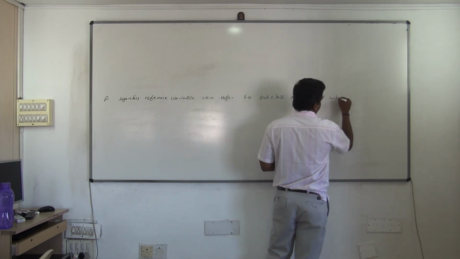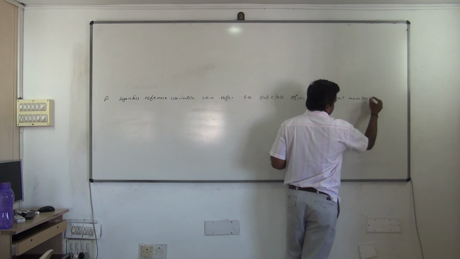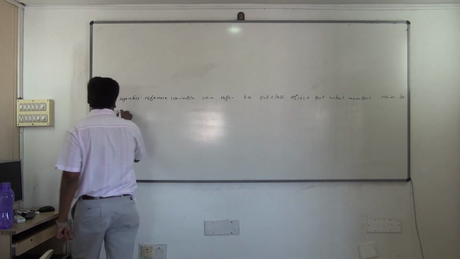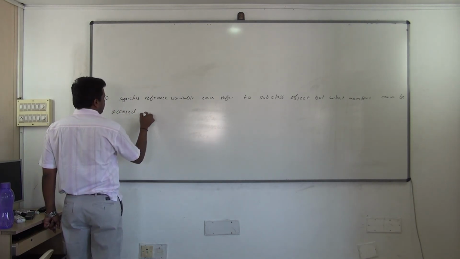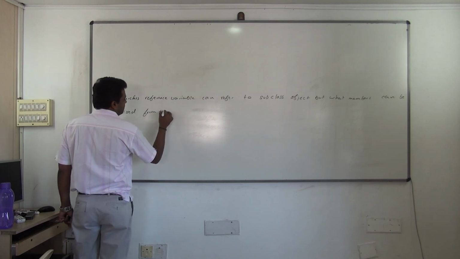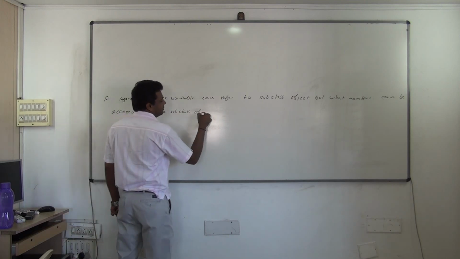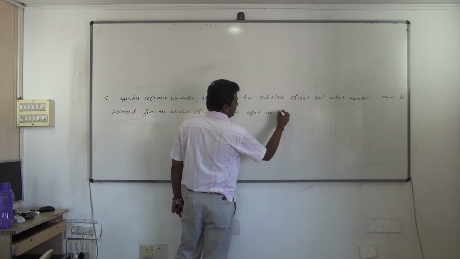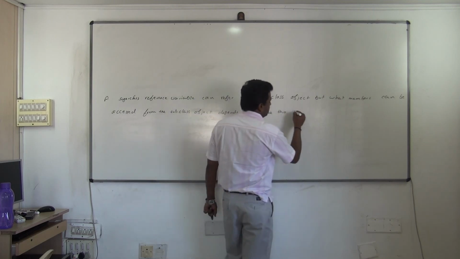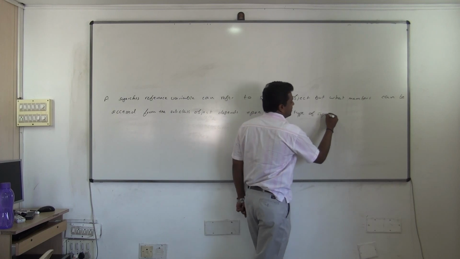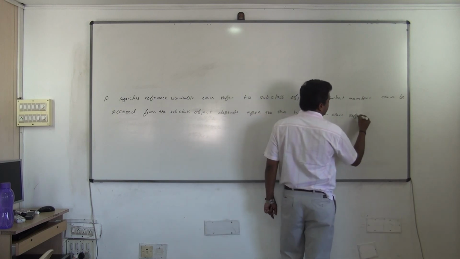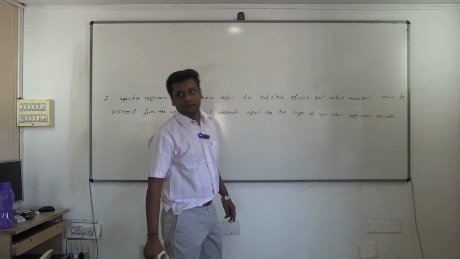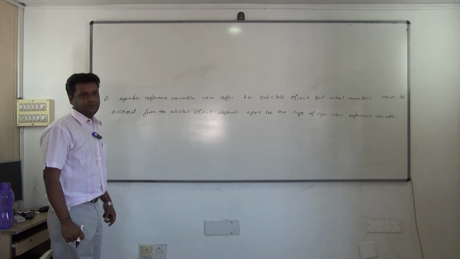But what members can be accessed from the subclass object depends upon the type of superclass reference variable. Very new story, this one, we are going to see. Understood? Very new story, but the most important story.